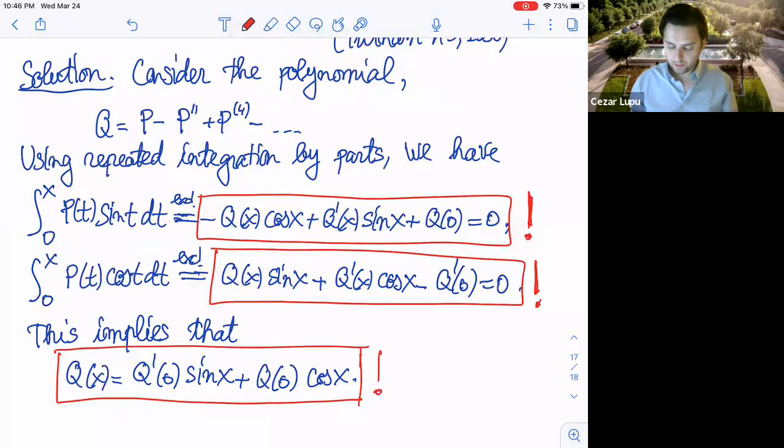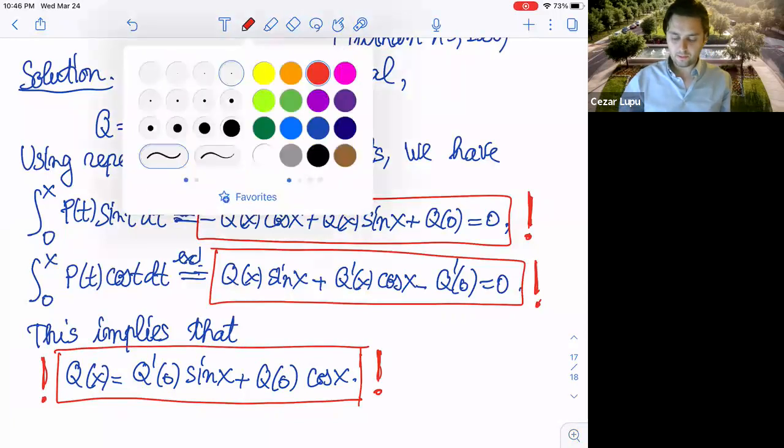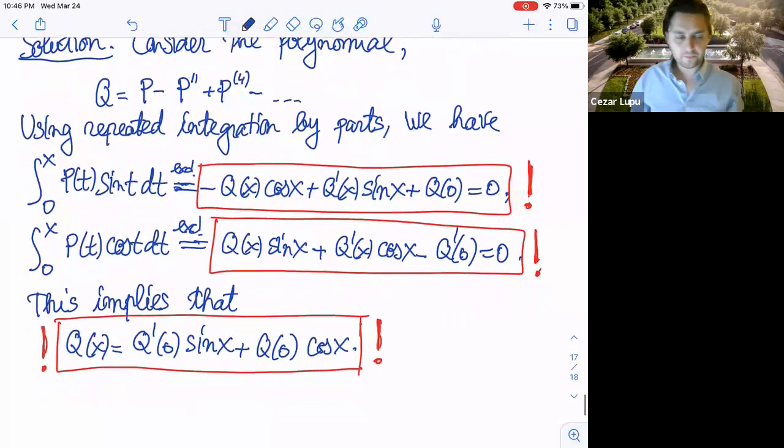Okay, so we also have this one, and this relation will turn out to be crucial because at this point, let's make the following observations.